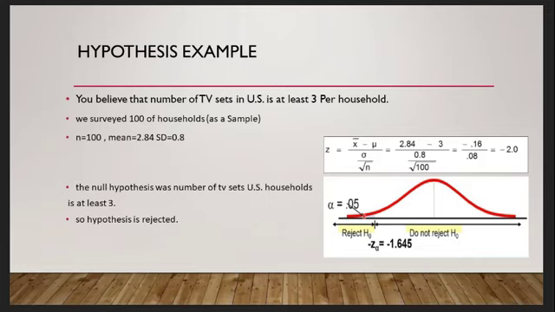The statistic says we reject the null hypothesis. And when you reject the null hypothesis, what was the null hypothesis? The null hypothesis was that the number of TV sets in United States households is at least 3. So the hypothesis is rejected, right? By rejecting the null hypothesis, you have accepted the alternative hypothesis, saying that the number of TV sets in a United States household is less than 3, because it is not greater than or equal to 3.